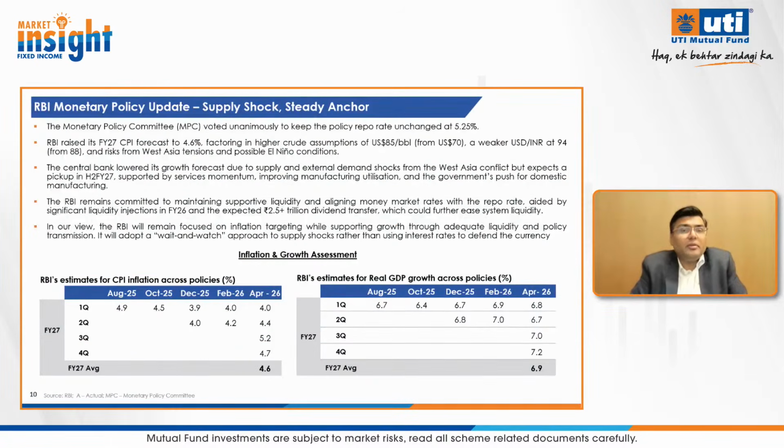Now coming to domestic trends, one of the major macro events for this month was the RBI policy. Before the RBI policy, like we mentioned in the beginning, the rupee in the last 12 months has been underperforming the rest of Asia. We are seeing significant FPI outflows on the net FDI.